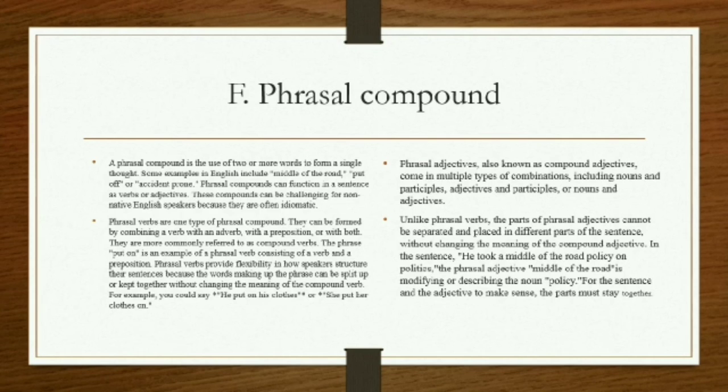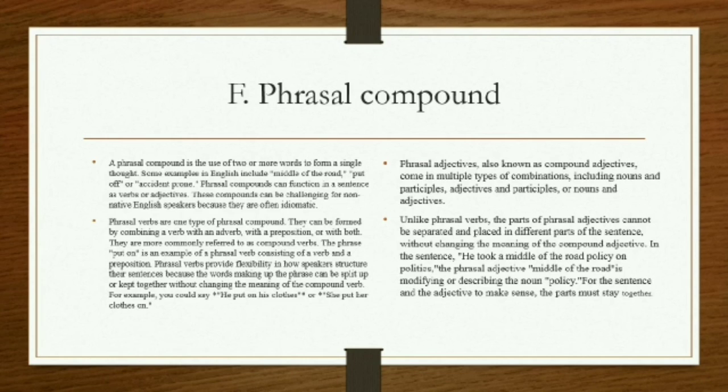Phrasal adjectives, also known as compound adjectives, come in multiple types of combinations, including nouns and participles, adjectives and participles, or nouns and adjectives. Unlike phrasal verbs, the parts of a phrasal adjective cannot be separated and placed in different parts of the sentence without changing the meaning of the compound adjective.